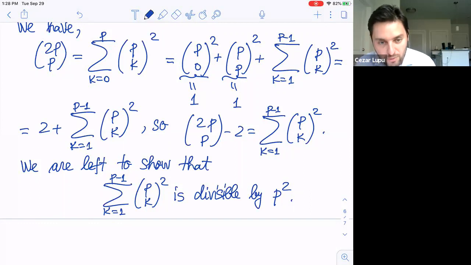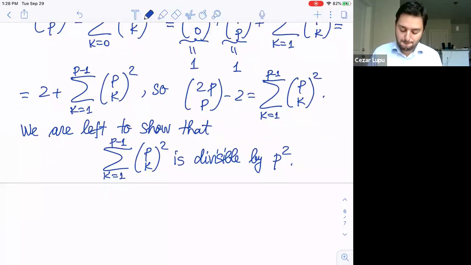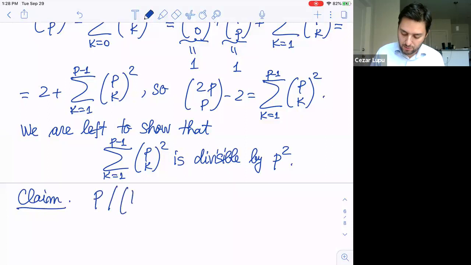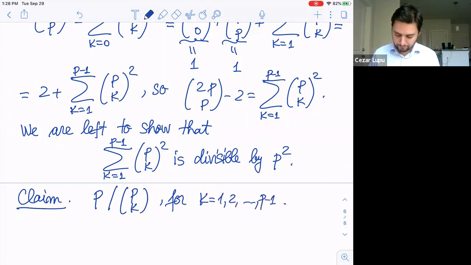So why do you think this is divisible by p squared? Why? Well, it's easy. Claim: p divides p choose k for k going all the way from 1 to p minus 1. Is it clear why?